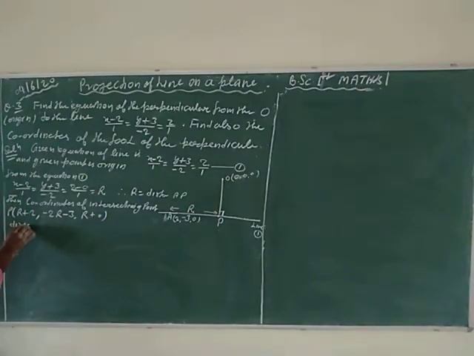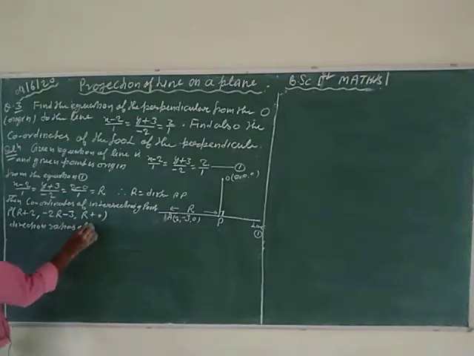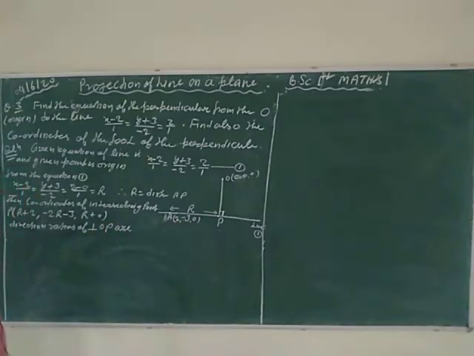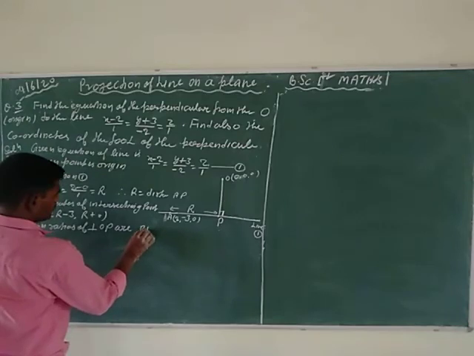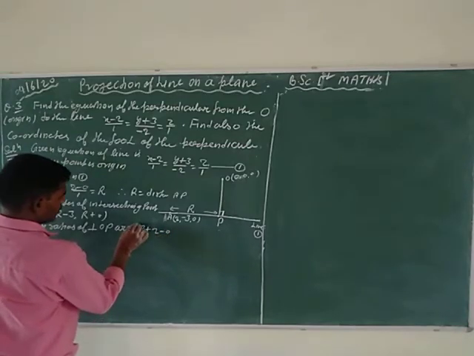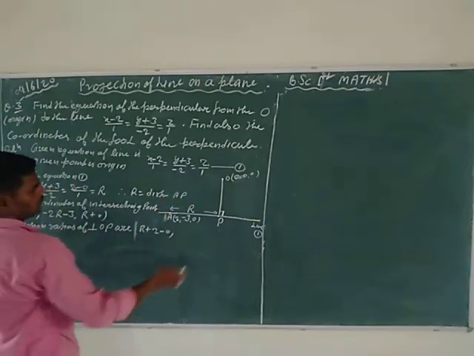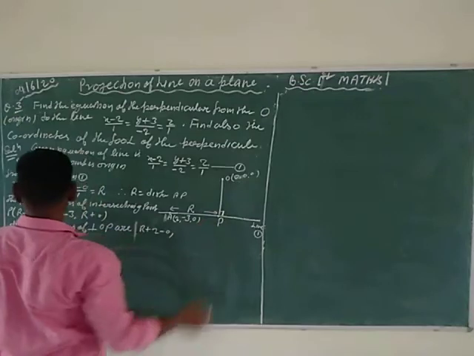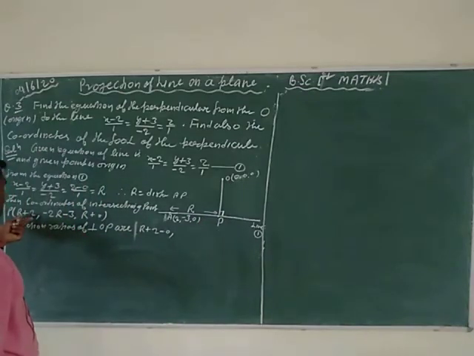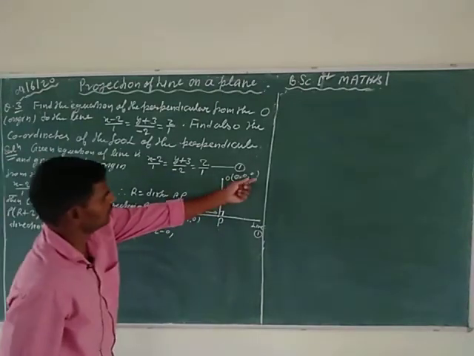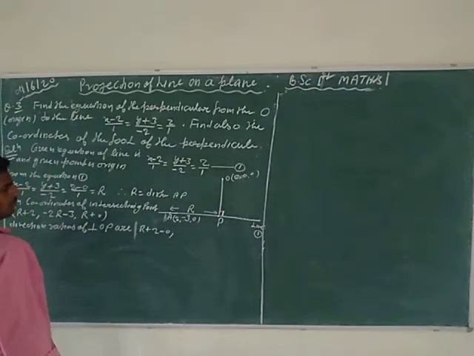Direction ratios of perpendicular line OP: the position of P is r plus 2, and the position of O, the origin, is 0. So r plus 2 minus 0, minus 2r minus 3 minus 0, and r minus 0 are the direction ratios of line OP.